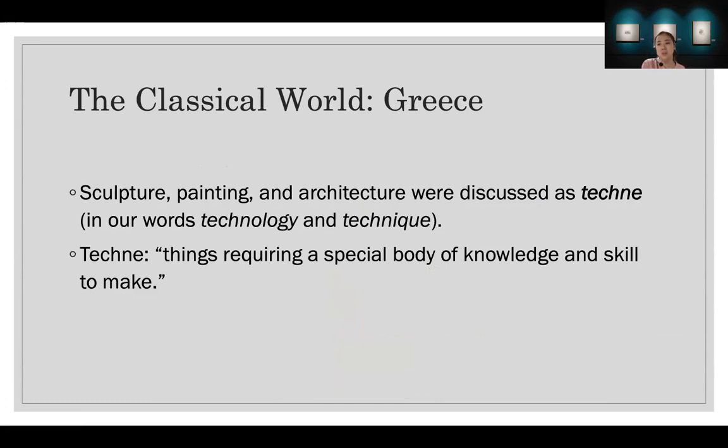The Greek philosophers were the first to speculate on the nature and purpose of art. Sculpture, painting, and architecture were discussed as technique, in our words, technology and technique. Technique is things requiring a special body of knowledge and skill to make.